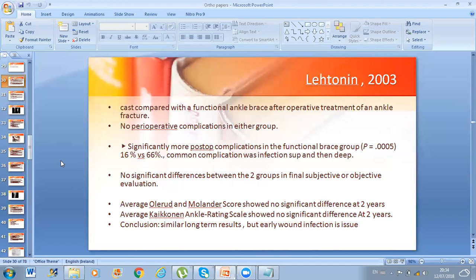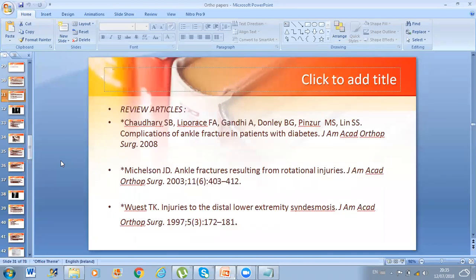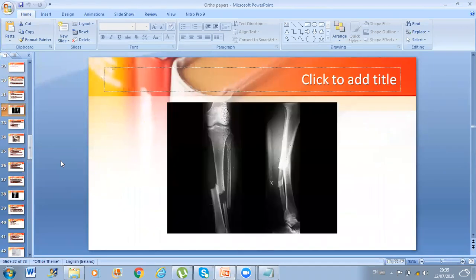But he said significantly more post-op complications in the functional brace group, and the common complication was infection, superficial and then deep. We cannot explain why infection is more in a brace. I'm not sure why, but yes, you can put a back slab and you can support it by this. These are other review articles which you can read if you want.